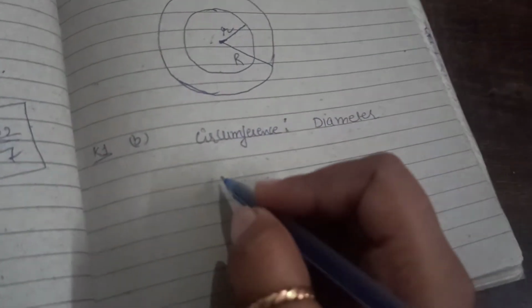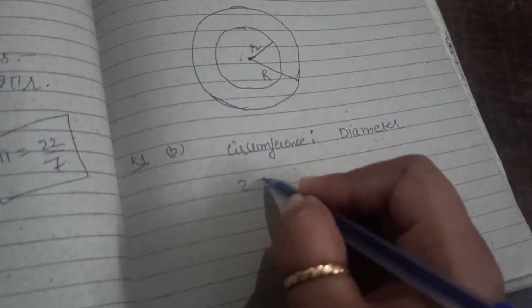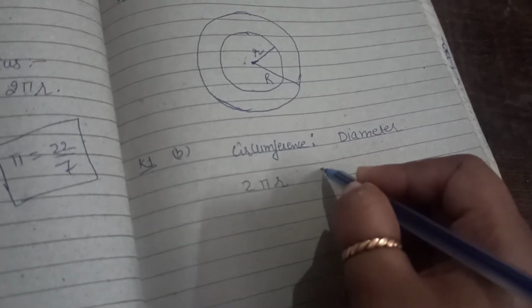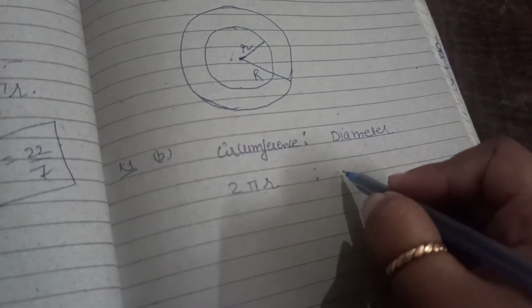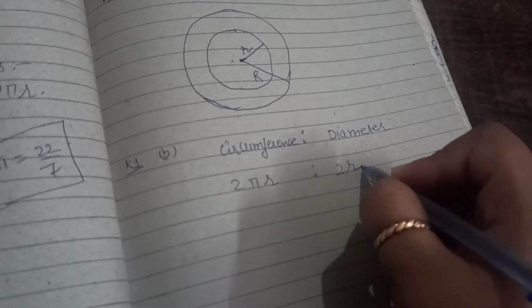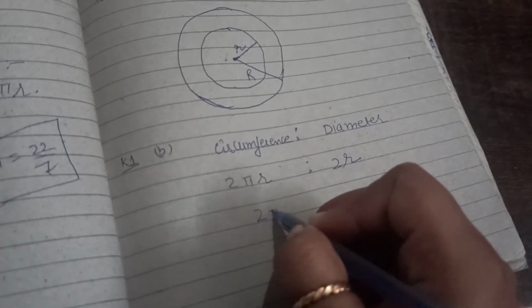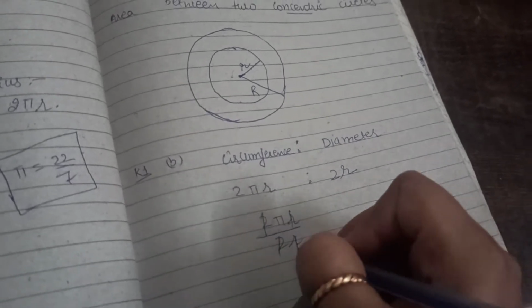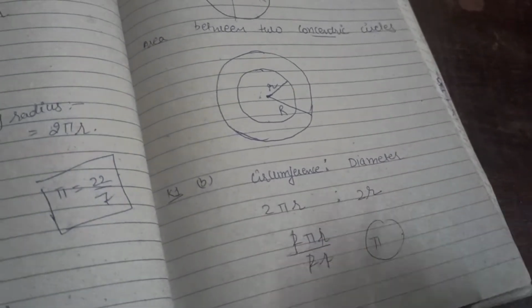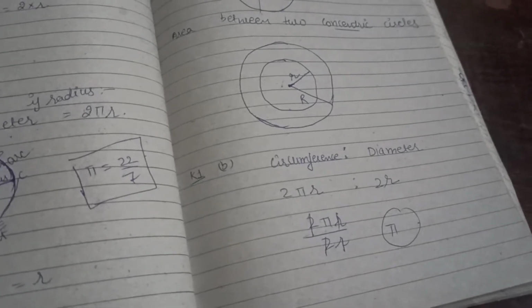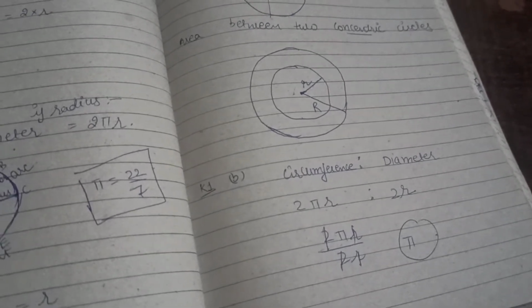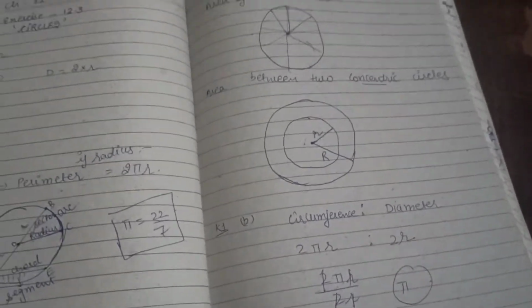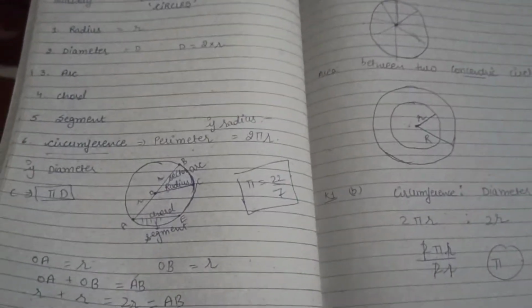Everyone knows ratio from proportions. The formula of circumference which we have studied is 2 pi r, and the diameter in the form of radius is 2r. When you write it like this, 2 cut by 2, r cut by r, and it comes pi. So the ratio between the circumference of a circle and its diameter is always pi. Remember this point.